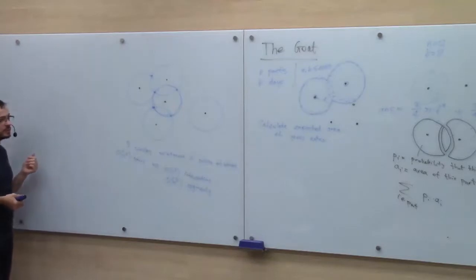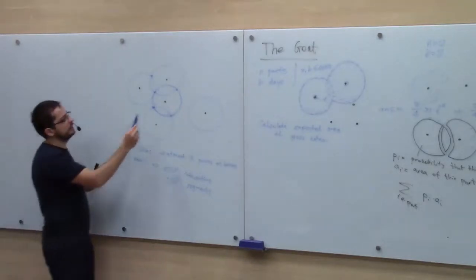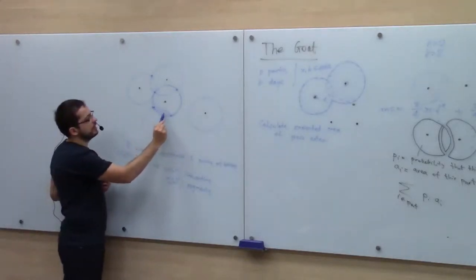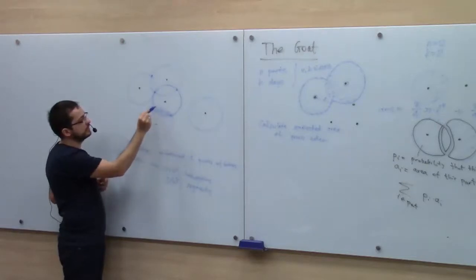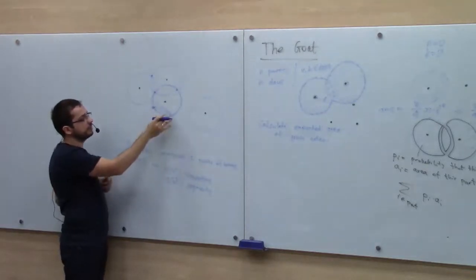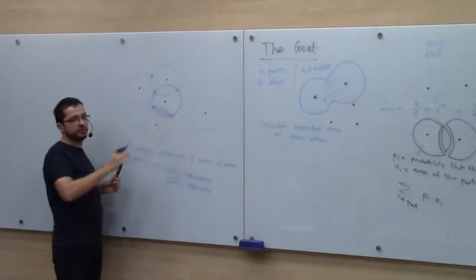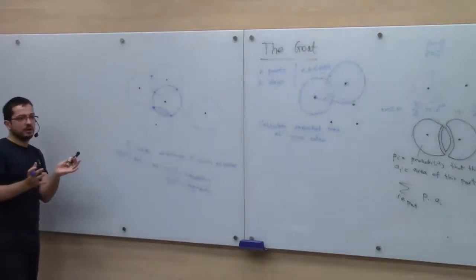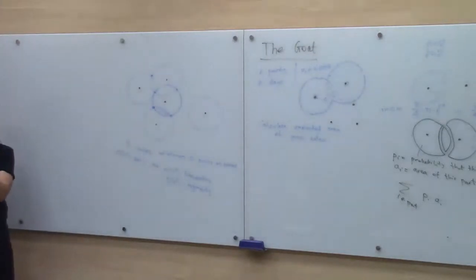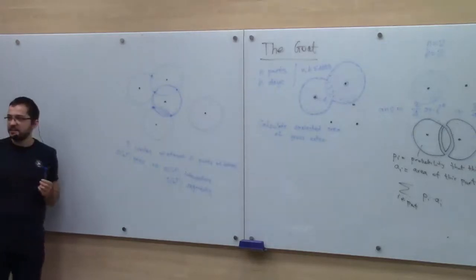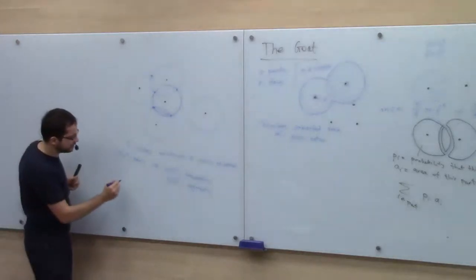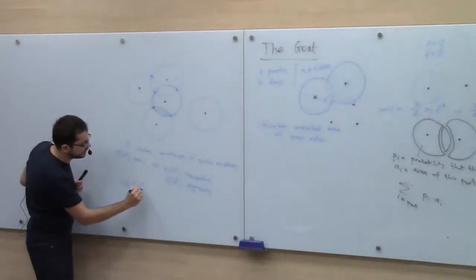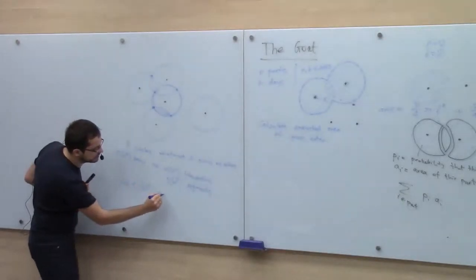Okay, so now the question is: how many areas can we have? An area is the part of the field which is enclosed in some kind of a polygon using these circular segments. The important thing to notice here is that we can have at most n squared areas.